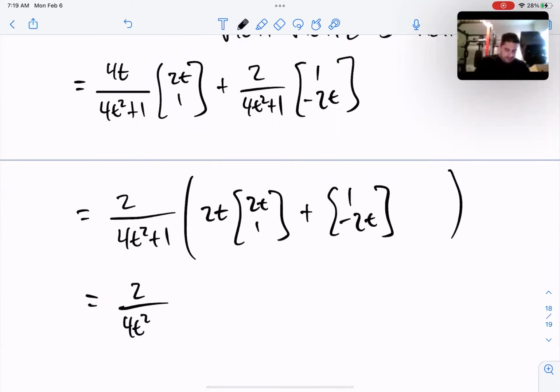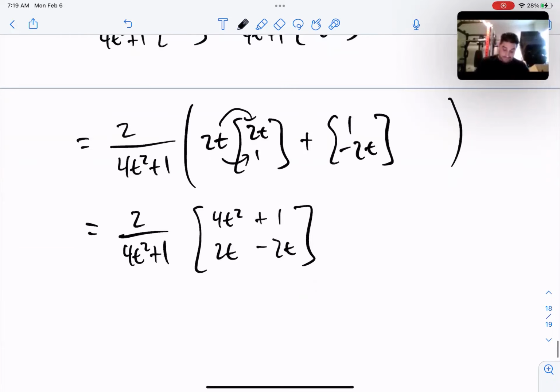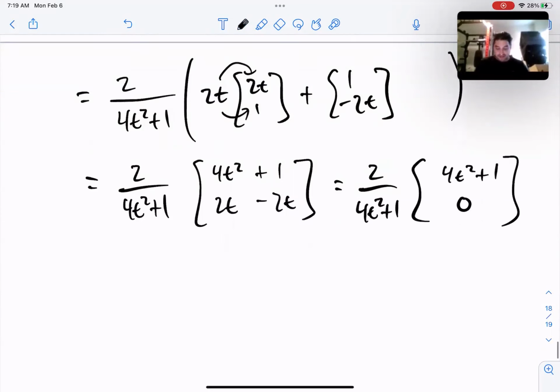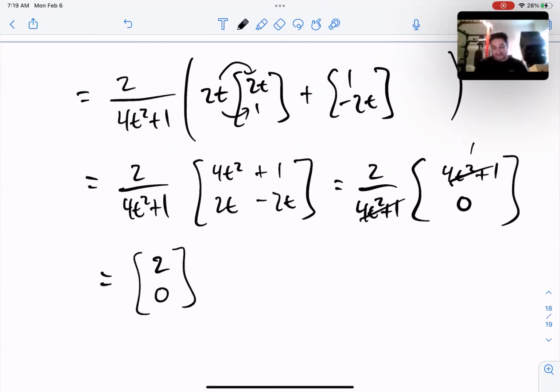Multiply your scalar through, add the vectors, and celebrate because these cancel, leaving us with 1. So it's 2 times 1 is 2, and there's 0. Anything times 0 is 0. There's acceleration. It worked.